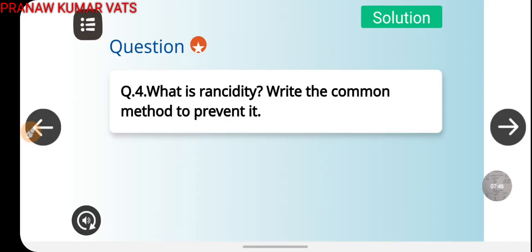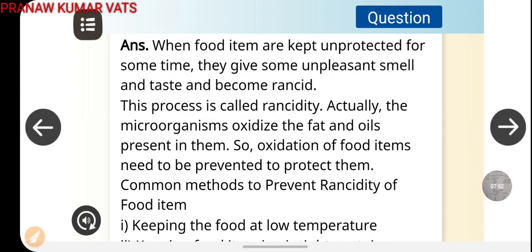Next question is, what is rancidity? Write common methods to prevent it. When food items are kept unprotected for some time, they give some unpleasant smell and taste and become rancid. This process is called rancidity. Actually, the microorganisms oxidize the fats and oils present in them.